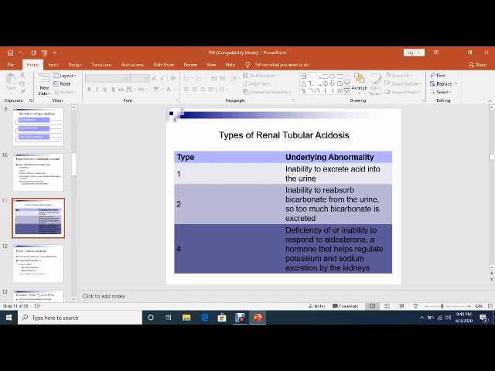So here is the deficiency or inability to respond to aldosterone hormone, which regulates potassium and sodium excretion by the kidney. So basically three types: type 1, 2 and 4.